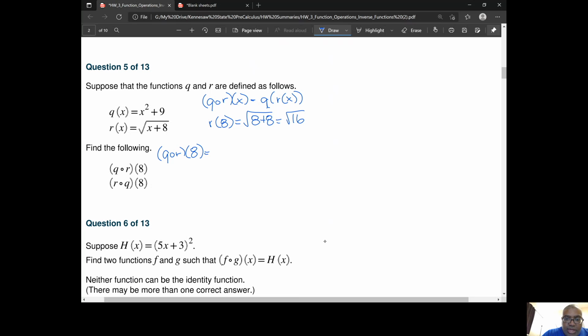Okay, and then we do Q of square root of 16. So we do R of 8, and then we do Q of whatever that is. And that is equal to square root of 16 squared plus 9, which is equal to 16 plus 9, which is equal to 25. So Q of R of 8 is equal to 25.